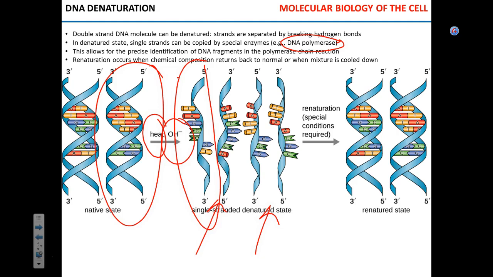So when scientists discovered that DNA can be fairly easily denatured and, what's important, renatured back to the native state, it led, I forgot the name of the guy, I know he's a big jerk.